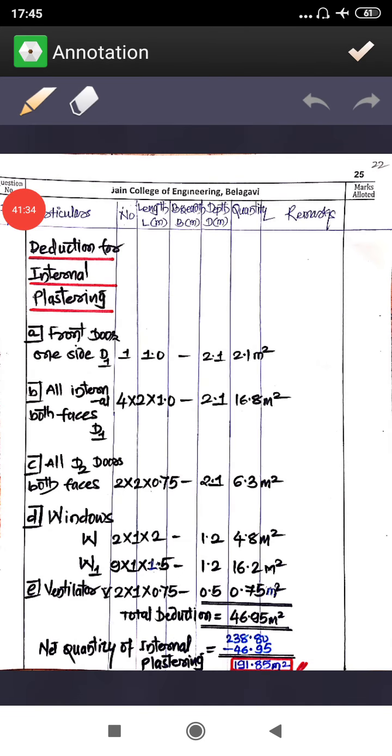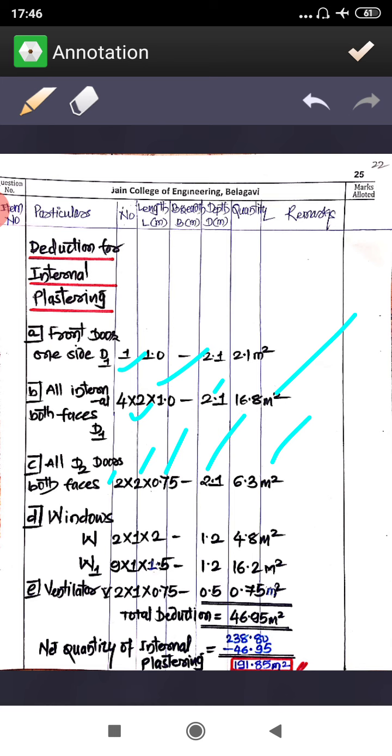Now here, I have shown the deductions. Front door D1 will be one number, one side, then size you have to take 1 into 2.1, so it is 2.1 meter square. All four D1s inside the wall, so four numbers are there, both sides, two sides into 1 into 2.1, so it is 16.8 meter square. D2s, two numbers of D2s are there, both sides, 0.75 into 2.1, so it is 6.3.